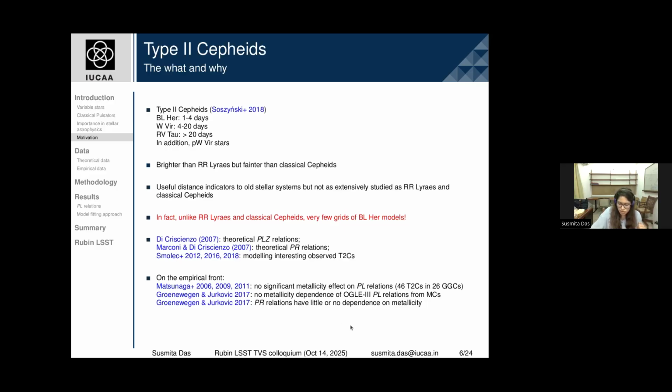Now the thing is, if you have attended classical Cepheid talks before, you know that most of the research in this field involves calibration of the effect of metallicity on the PL relations.